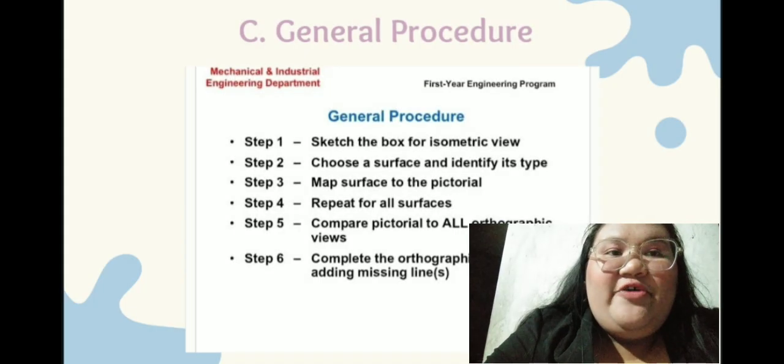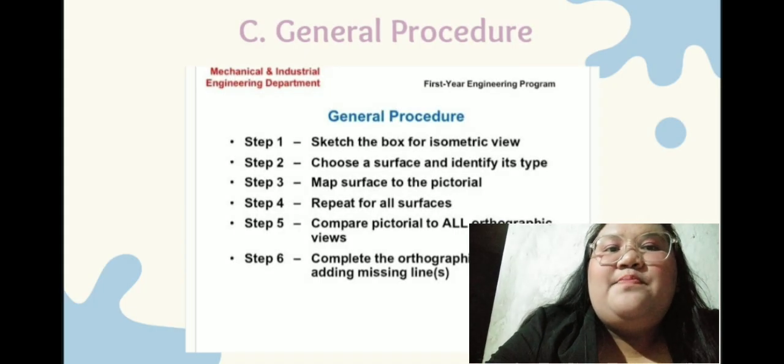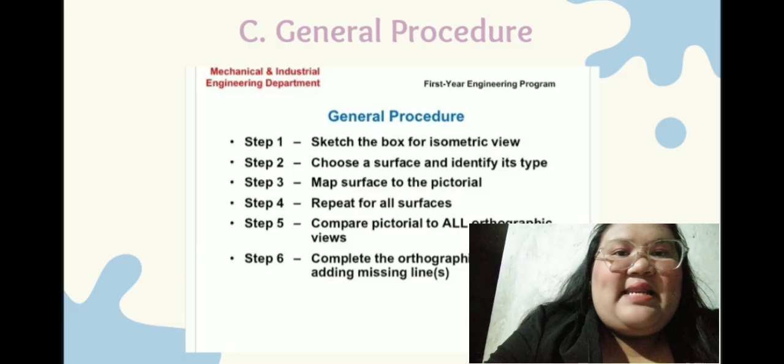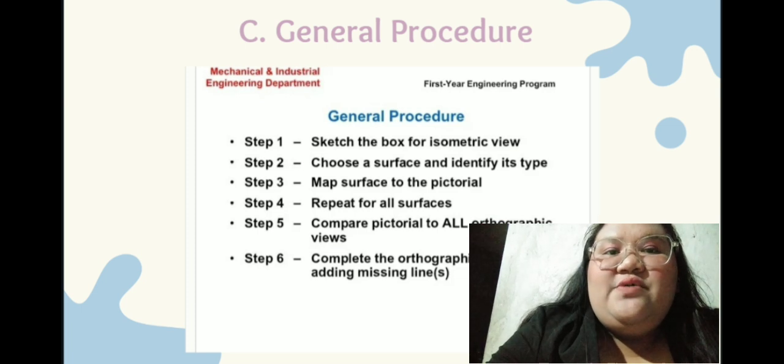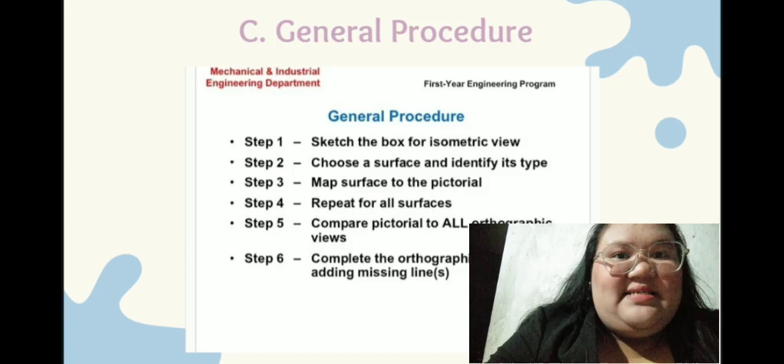The next slide is the general procedure. Step 1. Sketch the box for isometric view. Step 2. Choose a surface and identify its type. Step 3. Map surface to the pictorial. Step 4. Repeat for all surfaces.